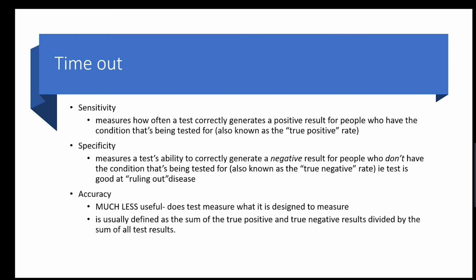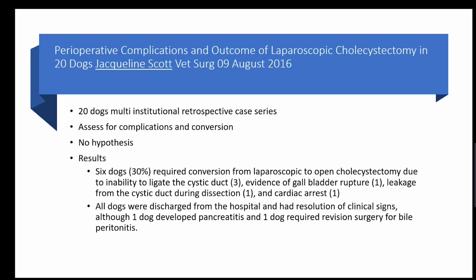Is it measuring what it is meant or intended to measure? The statistician seems to rely on this accuracy less frequently, but it's good to have a timeout and remind ourselves what these tests and phrases mean. And then finally, the last two studies, just to give a little other perspective.